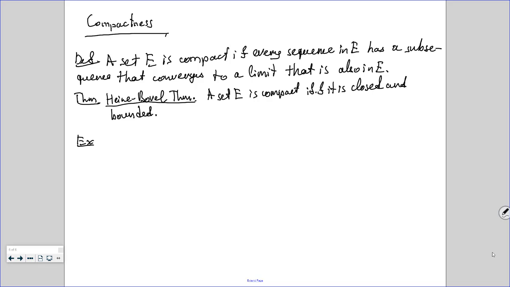Now let's give an example. We want to decide which of the following sets are compact. First, the rational numbers. Based on the Heine-Borel theorem, we need two things: it should be closed and it should be bounded. As we said, Q is not closed, therefore it's not compact.